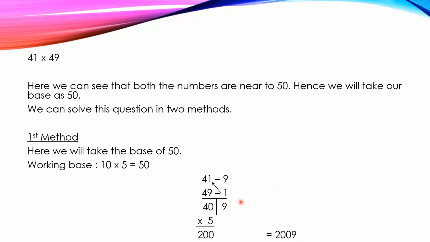So on this side we will write 9 as it is. Now we will subtract 1 from 41, which is 40, and we will write it in this portion. But our working base here is 10 into 5. So now we will multiply it by 5, which will give us 200. So 2009 is the correct answer.